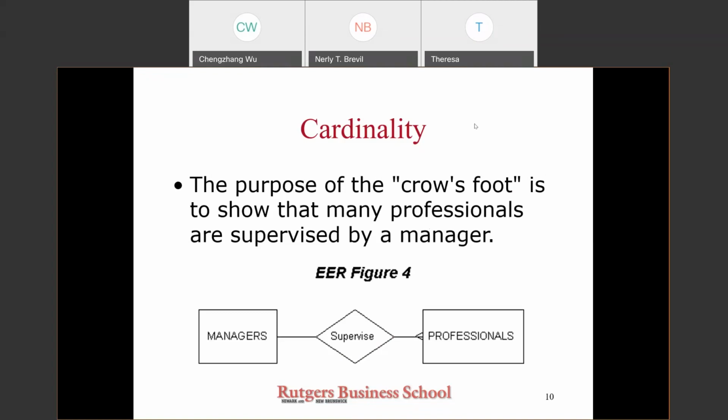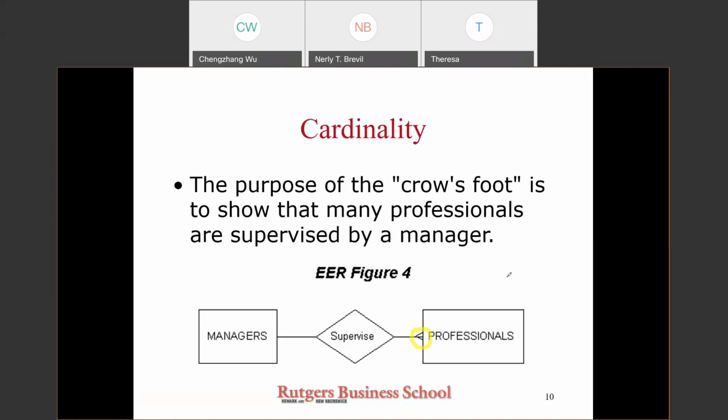So this relationship can be depicted using the ER diagram and the EER diagram shown on this slide. And as I said, one manager can supervise many professionals. Now you can note the crow's foot at the connection to the professionals entity.